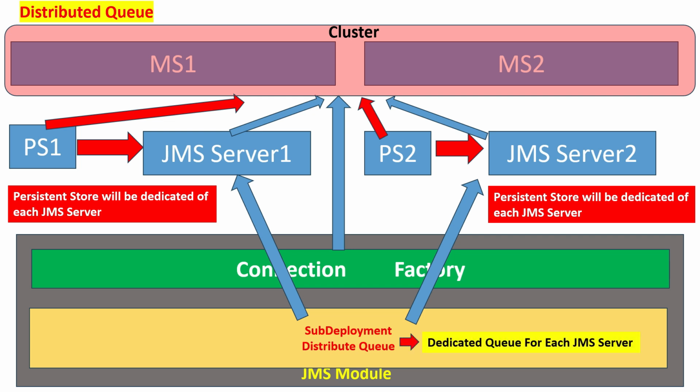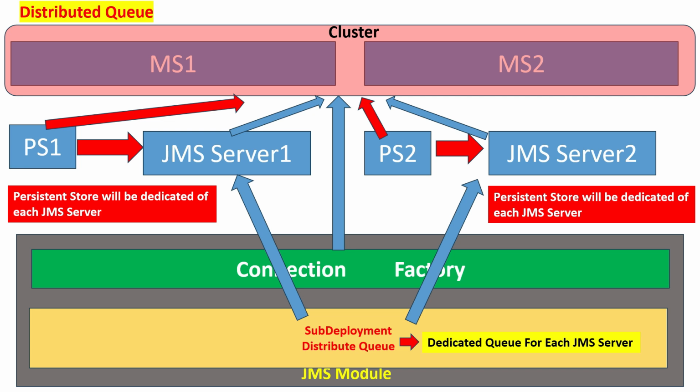This distributed queue will automatically create a dedicated queue for each and every JMS server. In the queue model, we manually created a queue which we targeted to the JMS server one-to-one. But with the distributed queue, we have only one distributed queue, and it automatically takes care of creating the individual queue for each JMS server, which will be accessible from any server, so that it is available for high availability. This is the supporting architecture of the JMS cluster.